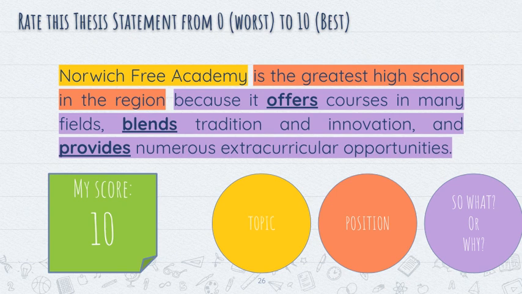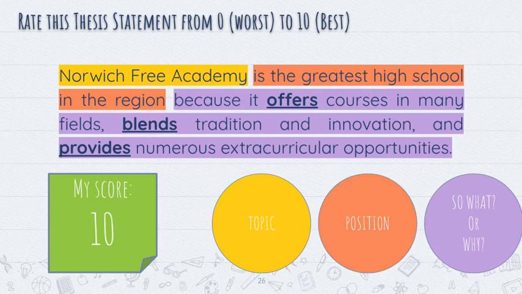So let's go back to the thesis statement. And this is what would score a 10. If instead of numerous extracurricular opportunities, this writer wrote, provides numerous extracurricular opportunities. Now you see that each of the 3 reasons presented begins with a verb that ends in S, offers, blends, and provides.